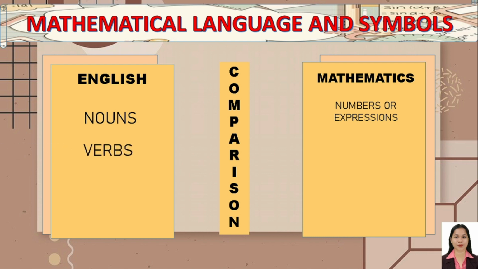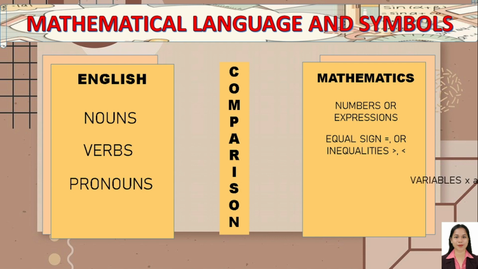Verbs in English are the action words, while the verb in mathematics is the equal sign or inequality sign. And we have the pronouns. In English, pronouns replace the nouns, while in mathematics, they pertain to the variables x and y.